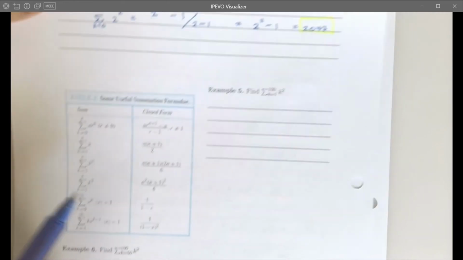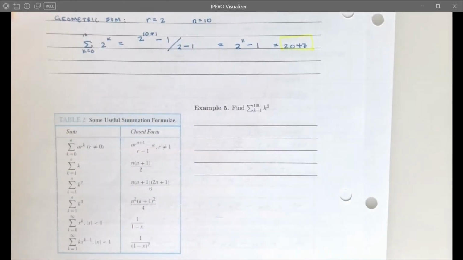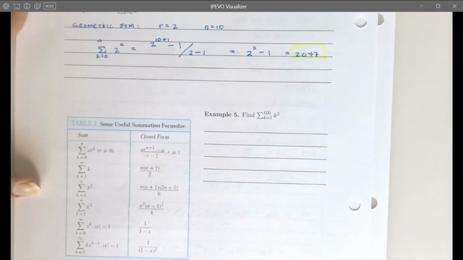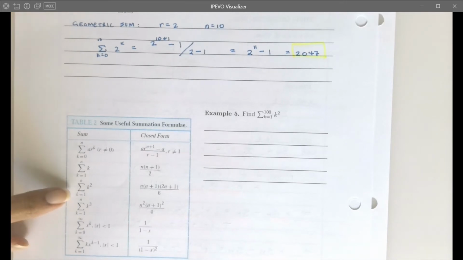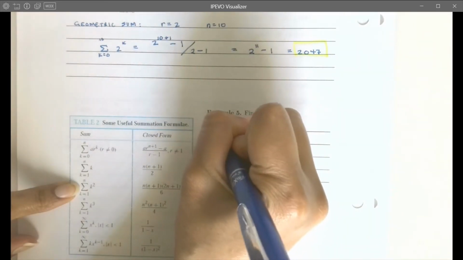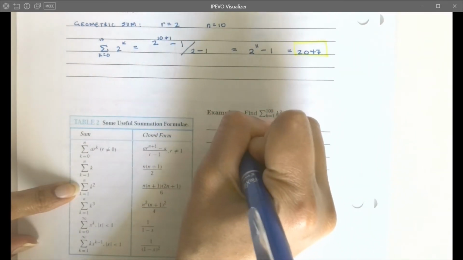For now, let's look at example number 5 and try to use one of these formulas to help us evaluate the sum k equals 1 to 100 of k squared. So again, this is like the third formula with n being 100.